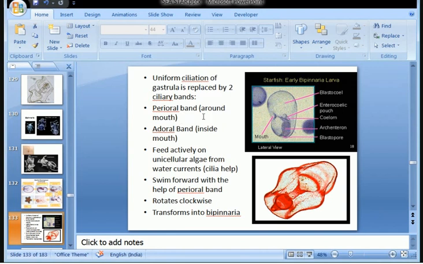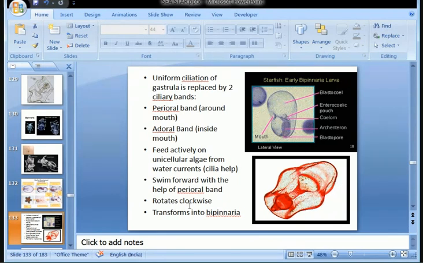The larvae feed actively on unicellular algae from the water current, and cilia assist in that. Then it swims forward with the help of the perioral band, and then it rotates clockwise and transforms into bipinnaria.